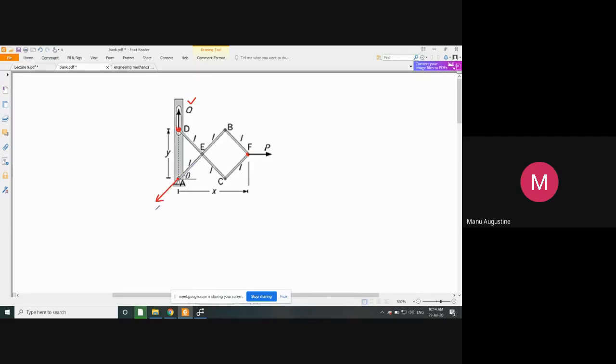And instead of taking the reaction at A like this, you could also do one thing. You could easily take the components of reaction and say that, okay, the direction of force on A is in this direction. So therefore, there could be two components of the reaction at A, and that could be reaction A vertical and reaction A horizontal.